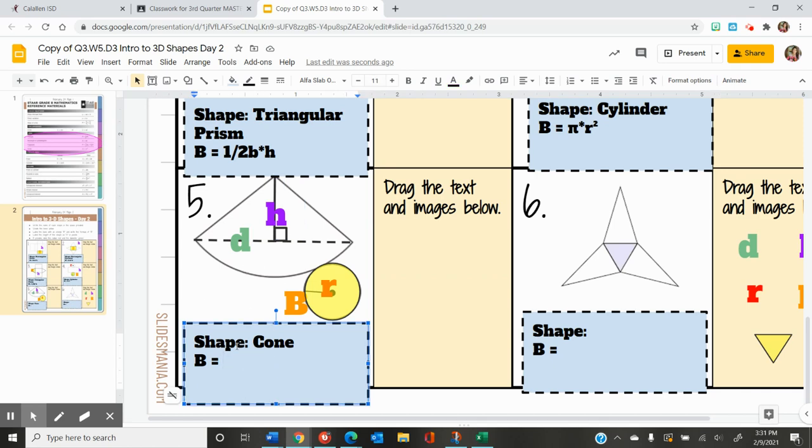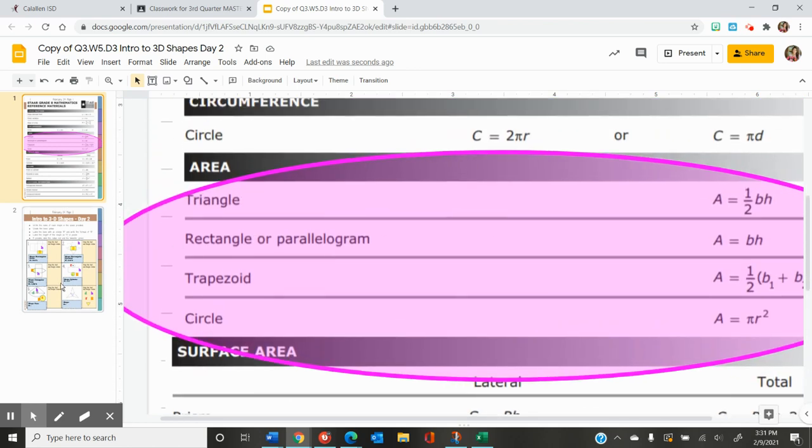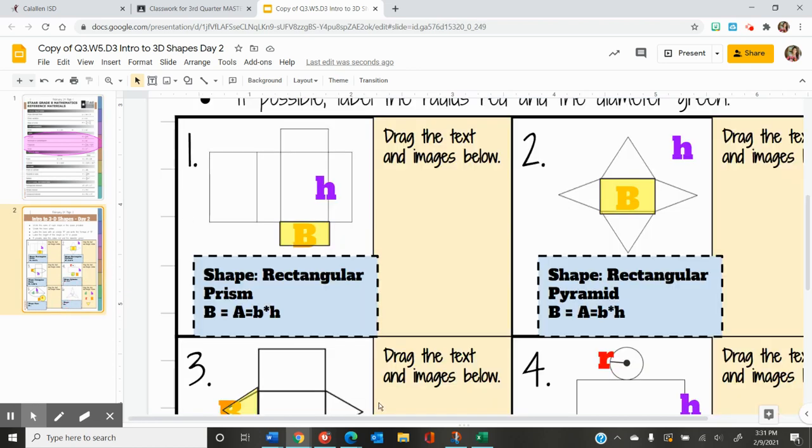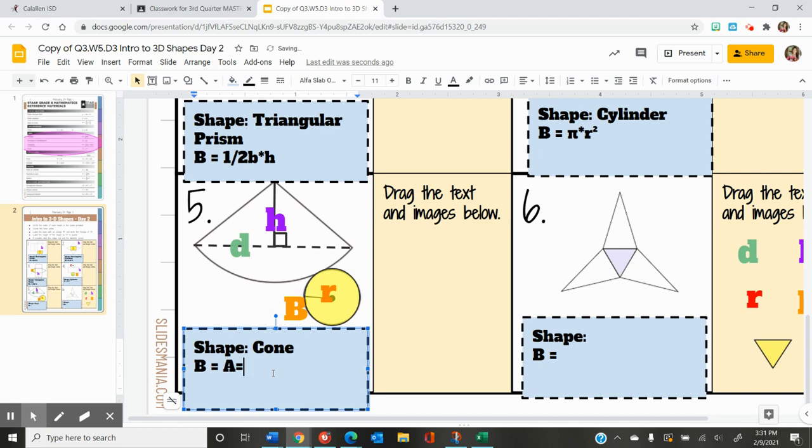Now, whenever it comes to B, again, that stands for the area of my base. So going over here, my base shape was a circle. So again, area equals pi r squared. So here, this is going to be A equals pi, which is alt 227, times r, and then squared, I press alt 0178.